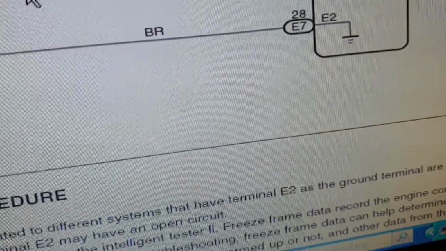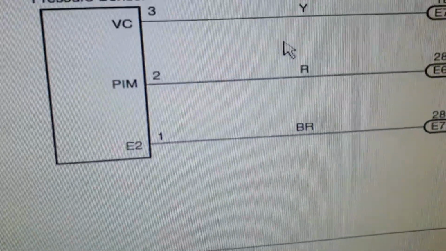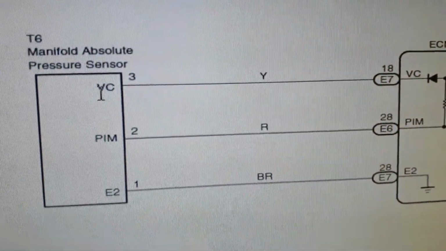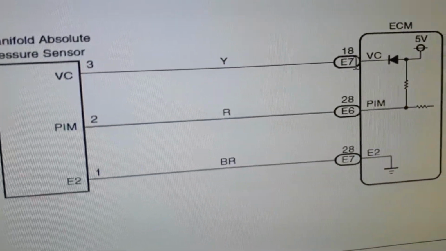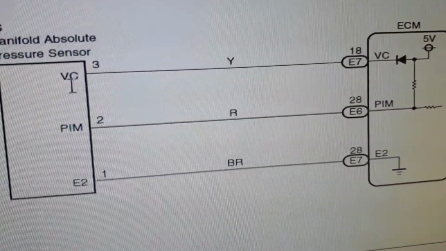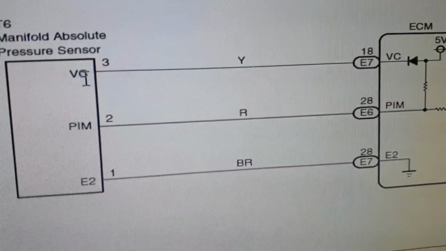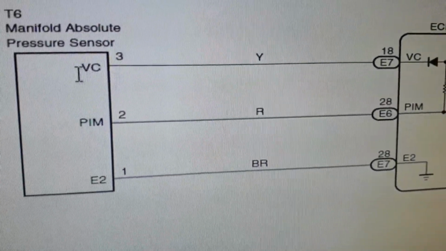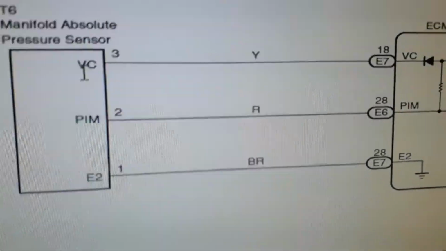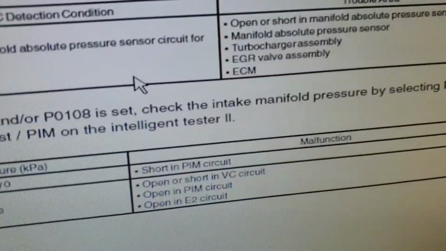VC circuit is the 5-volt reference wire. This one is the 5-volt reference wire. The 5-volt reference voltage is supplied by the ECU to the manifold absolute pressure sensor.